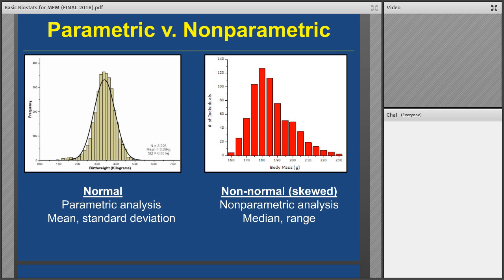We would use non-parametric analysis, and we would describe using median and range. The data, and so now we need to test it and choose the appropriate test.